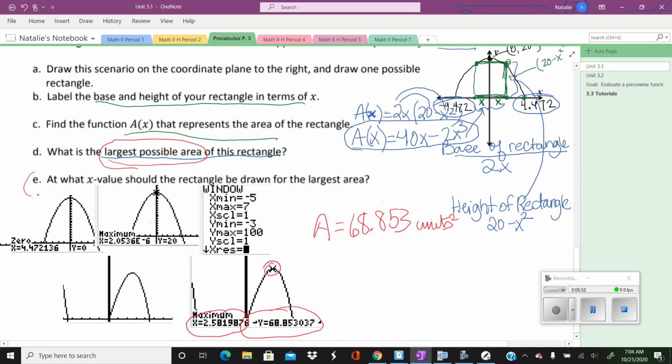Now our last question here is, at what x value should the rectangle be drawn for that largest area? Well, that also is given to us in this maximum. So that would be a side length, or an x value, here.